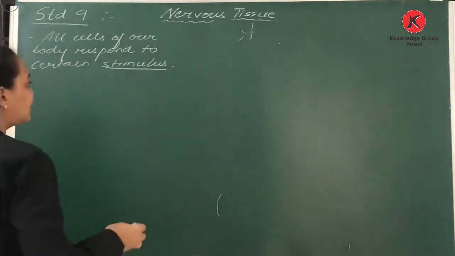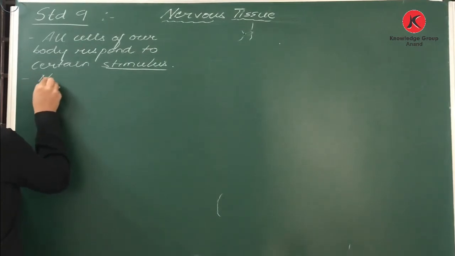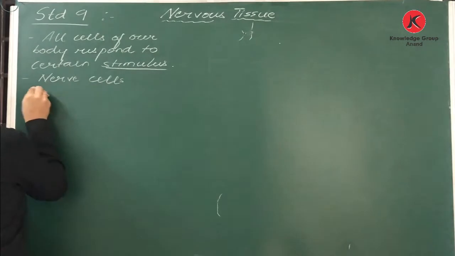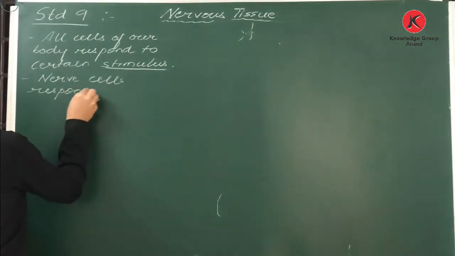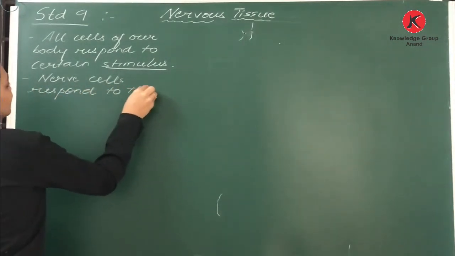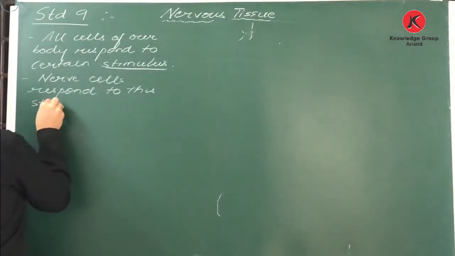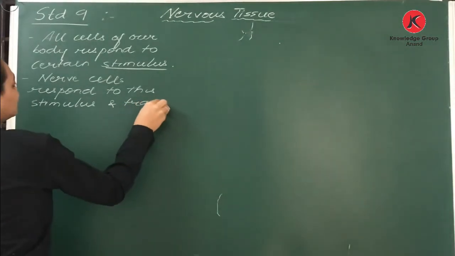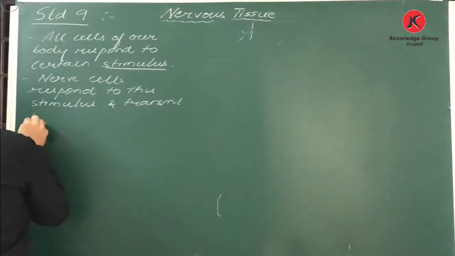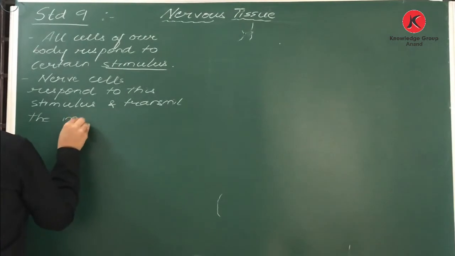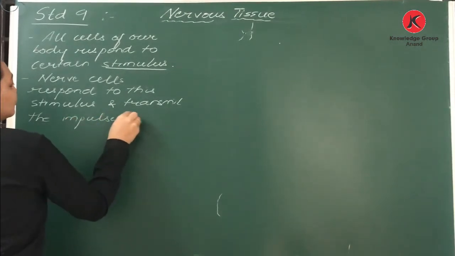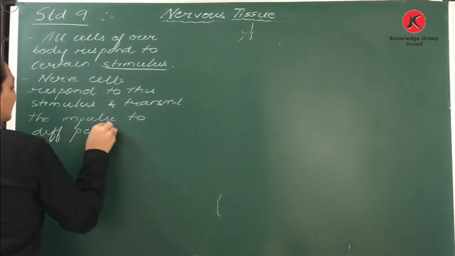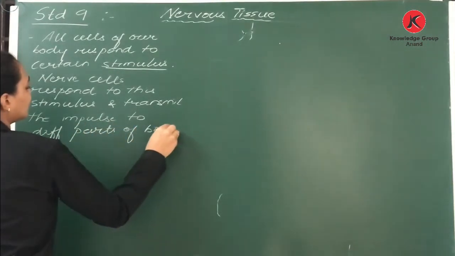But the nerve cells respond to this stimulus and transmit the impulse to different parts of the body.